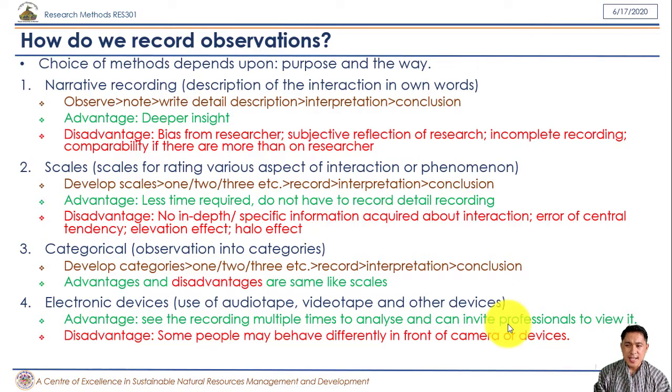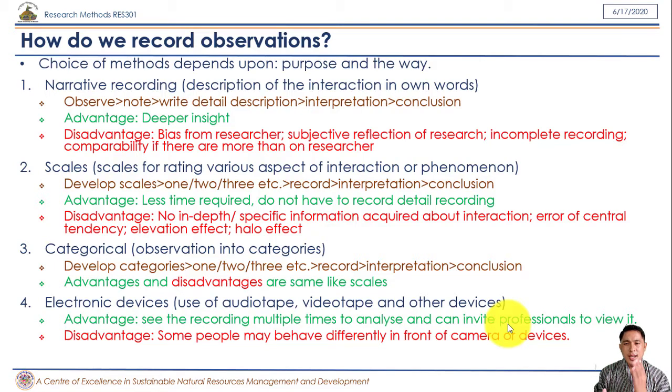But the disadvantage is that people may act differently if they know that they are being filmed, or animals may or may not act differently. But certainly, if you're looking at people, people may act differently in front of camera or other devices.